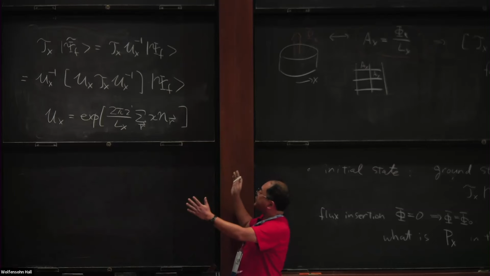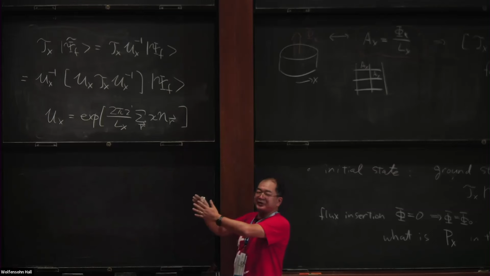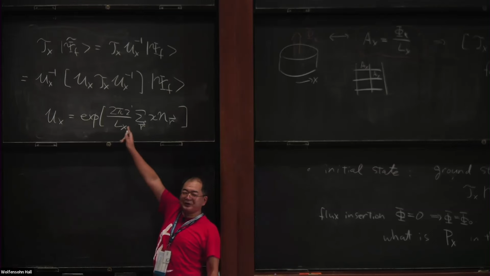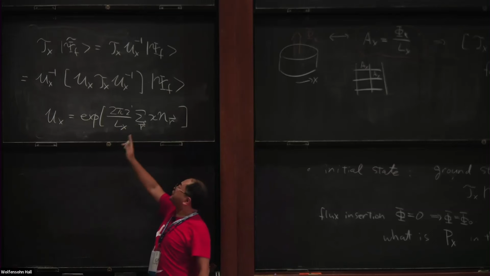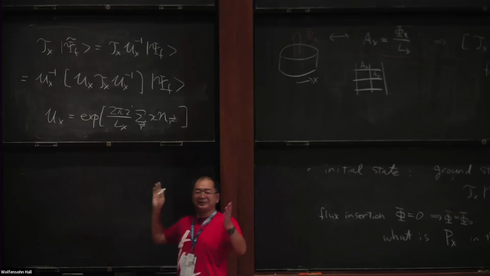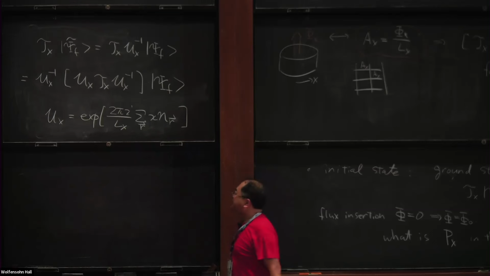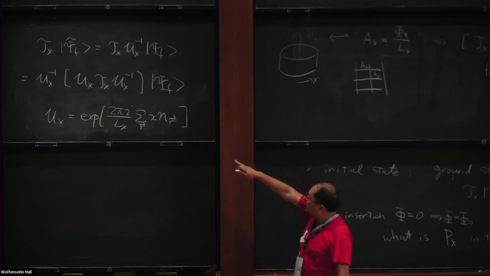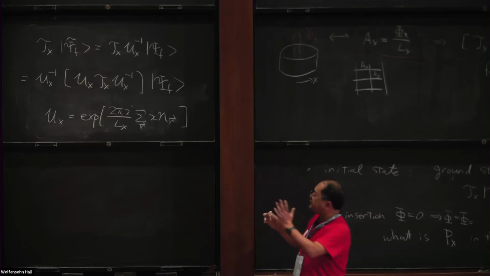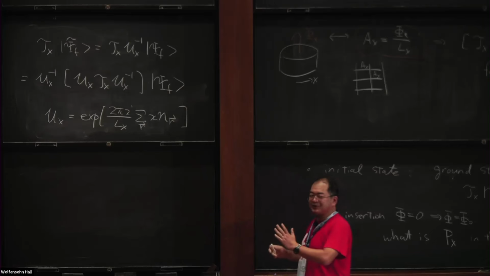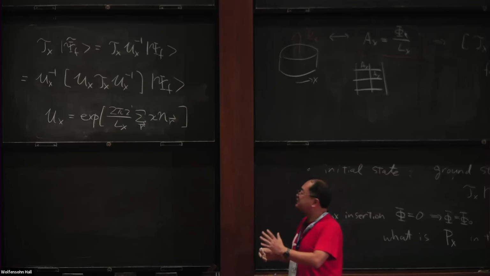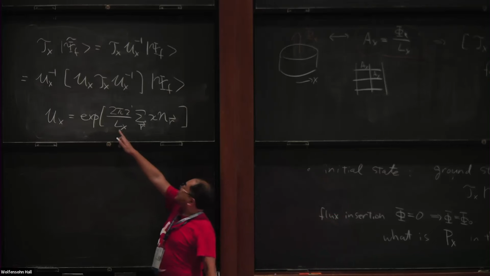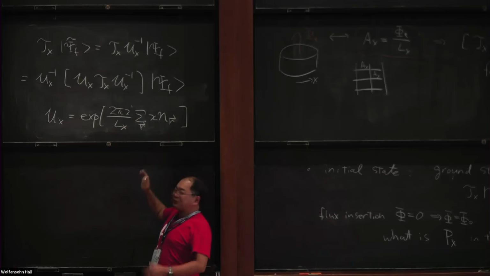Then Ux and Ux inverse almost cancel. Of course, if there is no Tx in between, then Ux inverse is the inverse of Ux, so they just cancel with each other, and you get the identity operator. And likewise, here you sandwich Tx with Ux and Ux inverse, and the effect of translation survives. So you almost get the Tx.